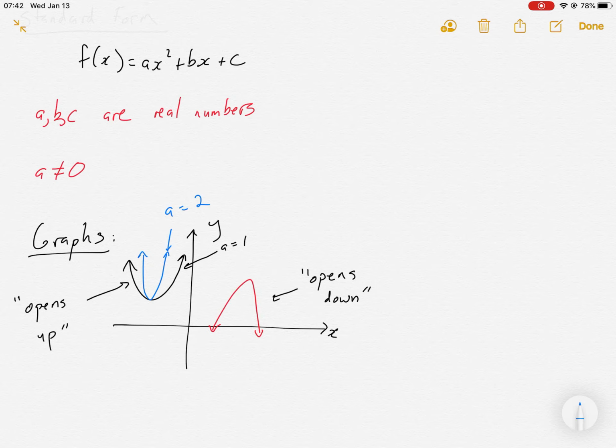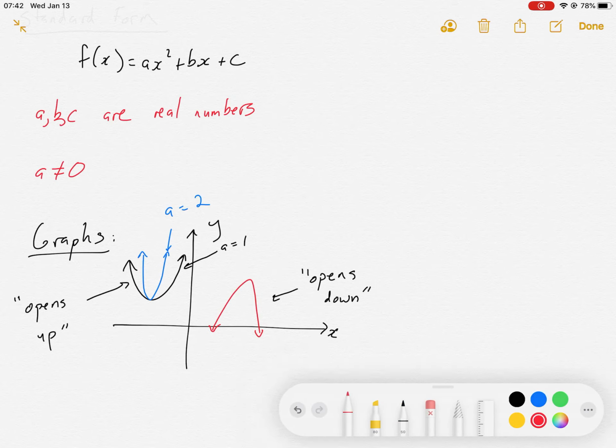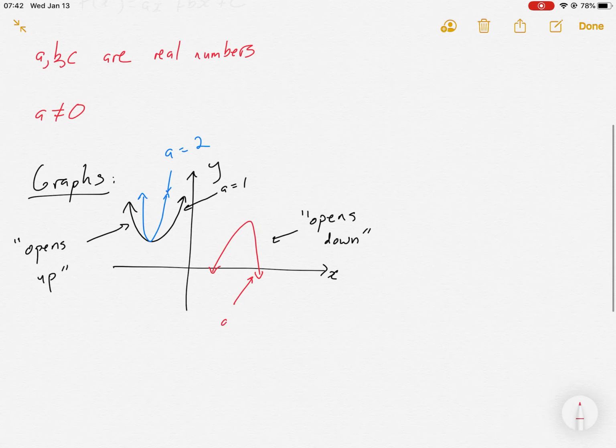So we would say a is a larger number. And then if it opens down, that means a is negative. And so, for example, maybe this one, it looks like it's about the same narrowness or width as the black graph over there where a was 1. So we could say something like a might be -1.